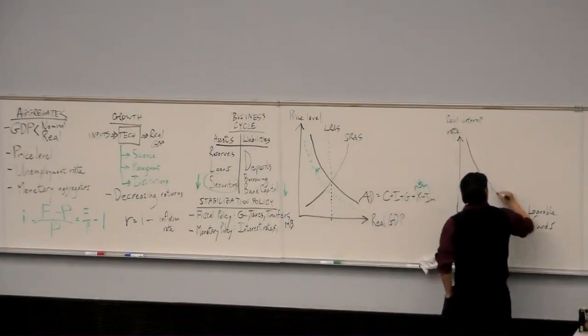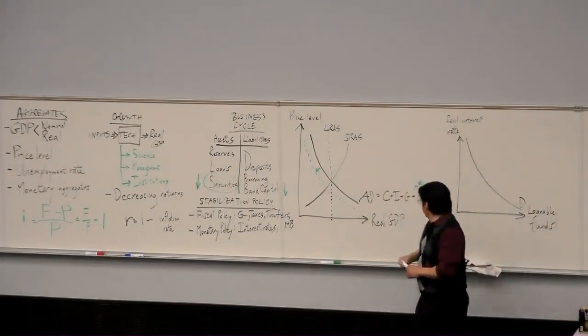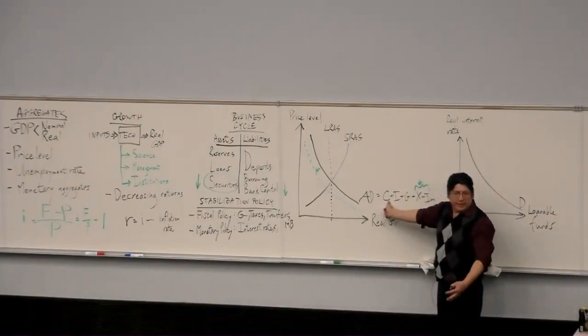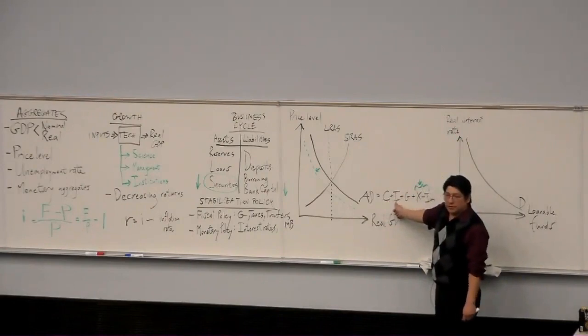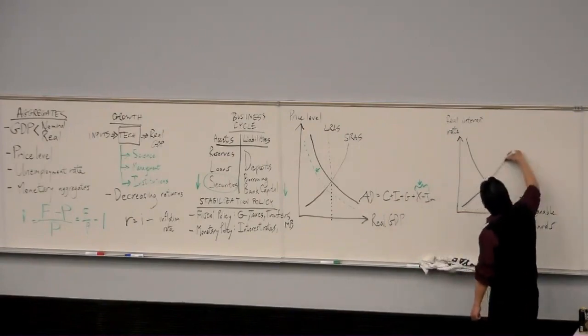There is some demand for loanable funds, that's the borrowers, some of which might be you and me borrowing to buy consumer goods, like credit card debt, but much of it is going to be borrowing to finance business ventures. And then where's the supply of funds coming from?